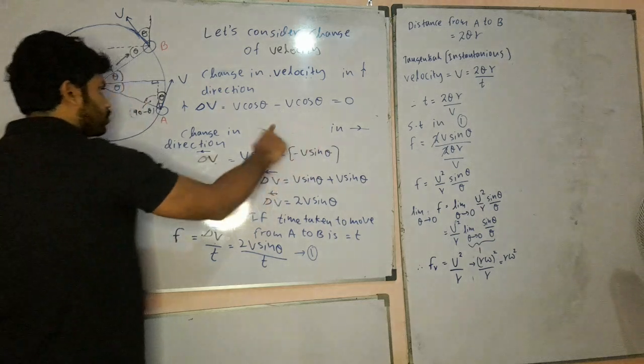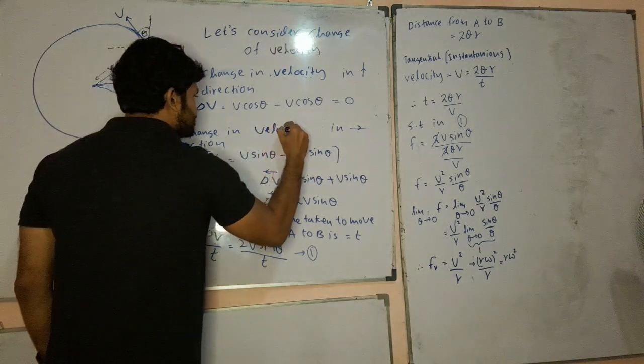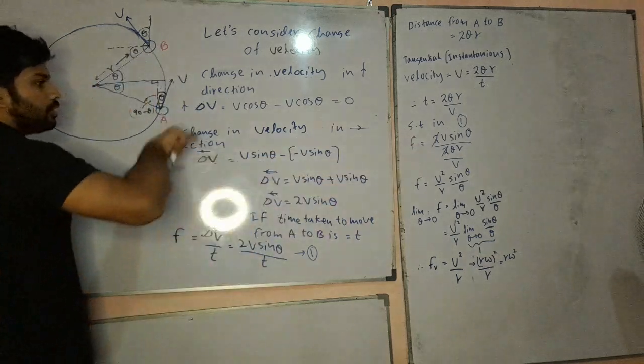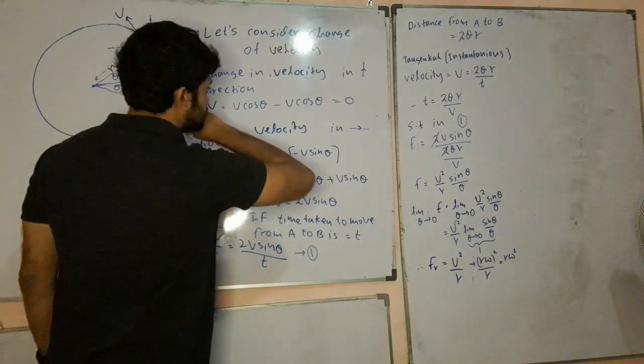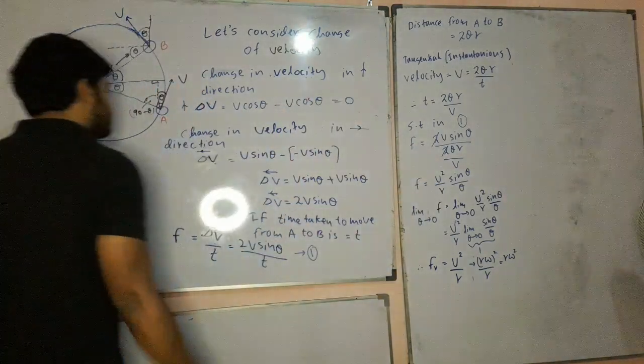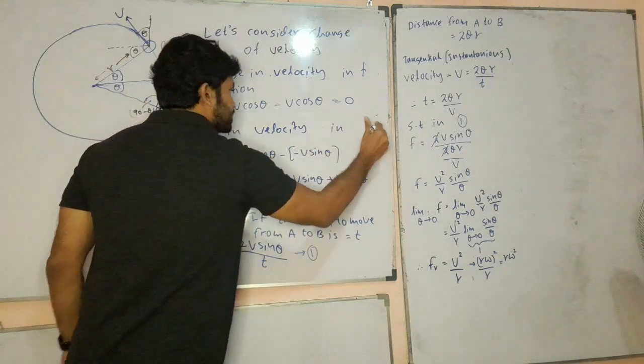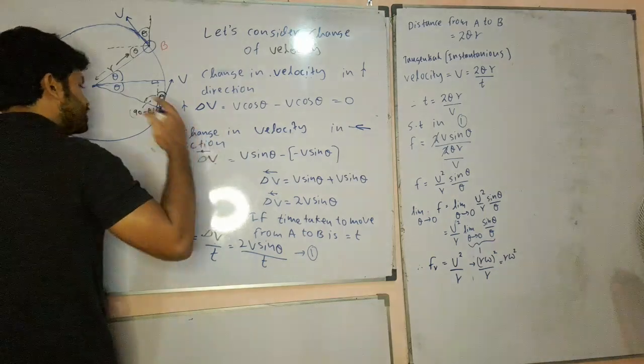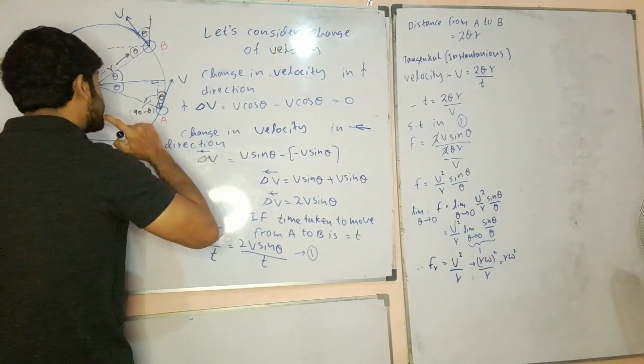Wait, wrong. Velocity in that direction. That means a horizontal and right side. Oh, not right, this direction. Let's consider left side here. Alright, delta V, change in velocity. Look at it.